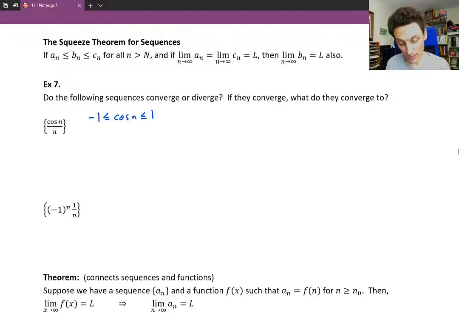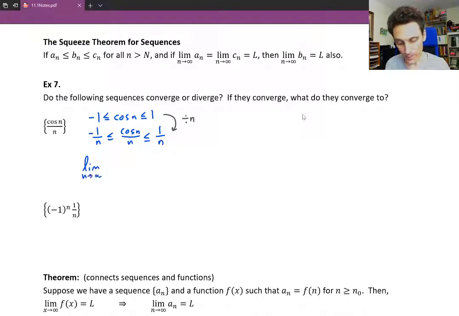And if you divide all of those terms by n, you get that cosine n over n is between -1 over n and 1 over n. So what we did from this step to this step is we divided by n. What that does is it traps our sequence between these two other sequences. So let's take a look at these other two sequences and see where they're going.